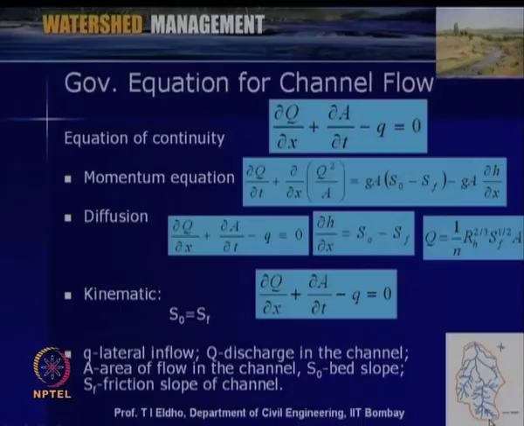As far as the boundary condition is concerned, if some flow is coming from the inlet of the watershed, I mean if a stream is continuing, that can be our boundary condition, or we can consider the depth of flow and the discharge at the beginning of the stream as 0, depending upon the condition.